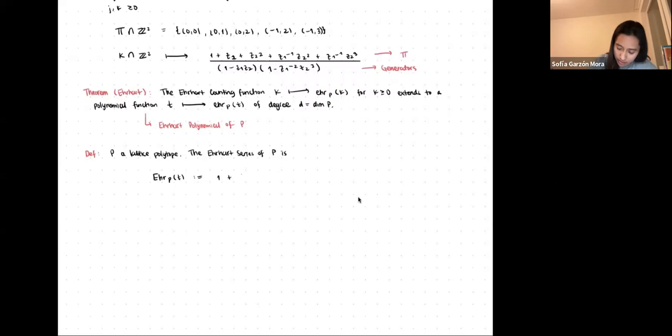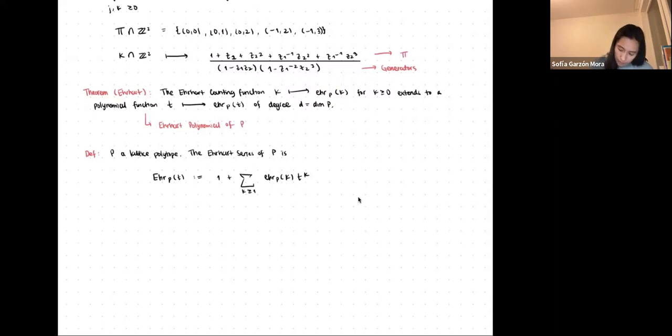And this is 1 plus the sum, and here I'm going to count the points in the dilation of P and multiply this by t to the k. So basically what I'm doing is I'm taking a series, and then this one here, I could also write inside the series, right? Because t to the 0, we've established this one, and it all works out.